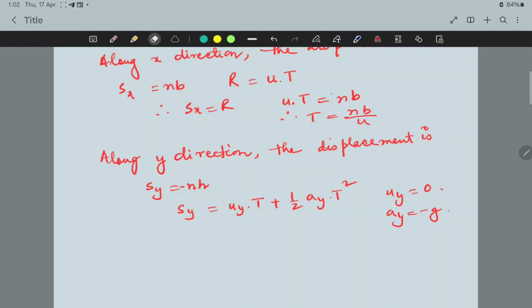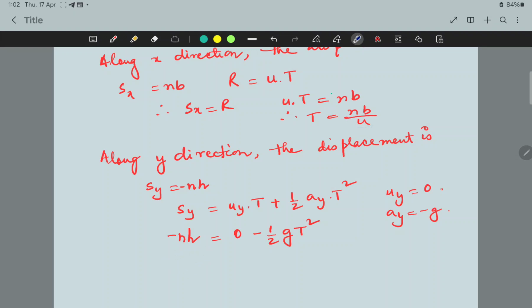So in place of sy I am writing minus n into h equals 0 minus half g t square. Now let us substitute t with nb by u.